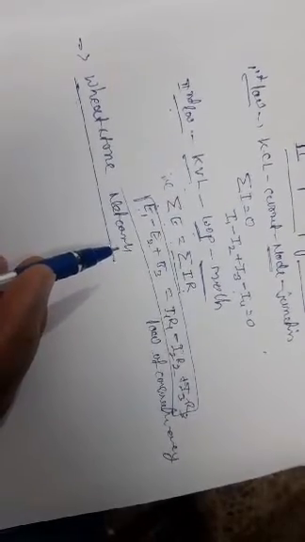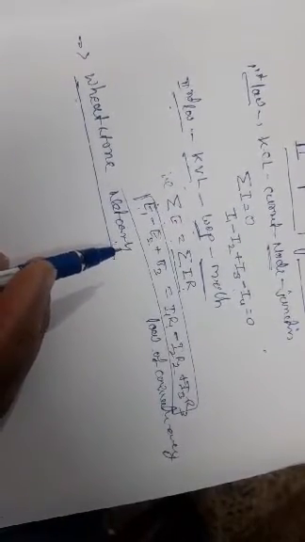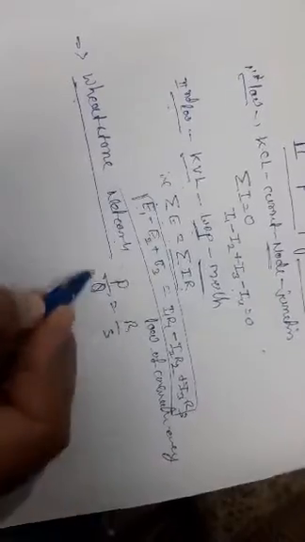By using Kirchhoff voltage law in two different loops and solving these equations, finally we get the relation for the Wheatstone network: P by Q is equal to R by S. That is the relation between the resistors.